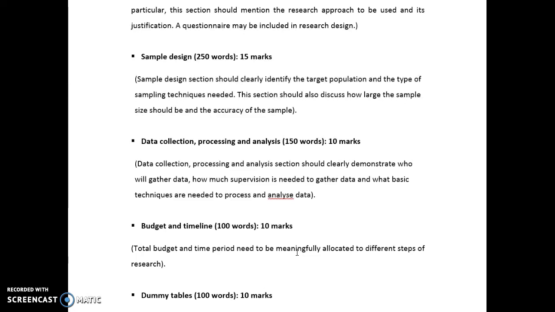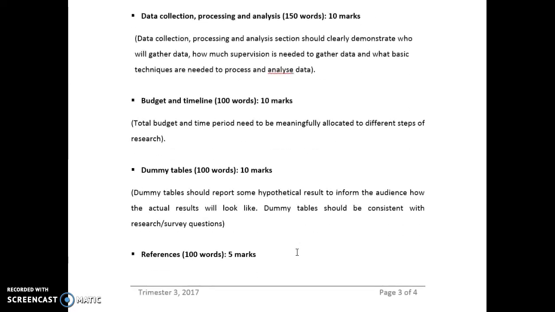Dummy table is also an important section, and many of you are confused about these dummy tables, about what you should include. Actually, a dummy table should include some hypothetical results. Hypothetical results should be presented in such a way that your research client can understand that this is how the final results will look, and this is how this result will contribute to solving the research problem.